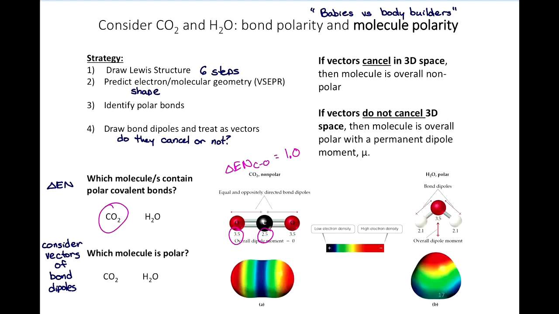If we look at water, the difference in electronegativity between an oxygen and a hydrogen is 1.4. So is an OH bond polar? Yes. So both of these molecules contain polar bonds, but one of the molecules is nonpolar and one is polar. And it has to do with how the bonds are arranged in their molecular geometry.